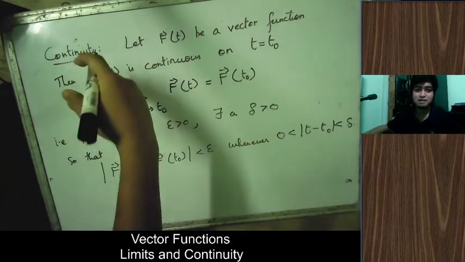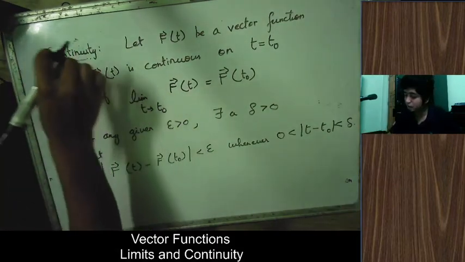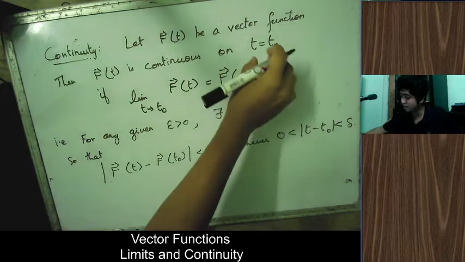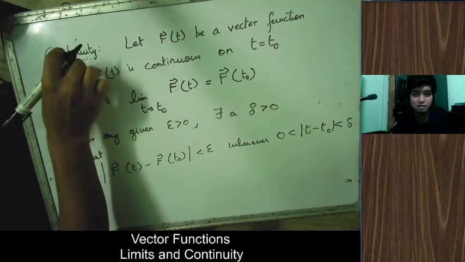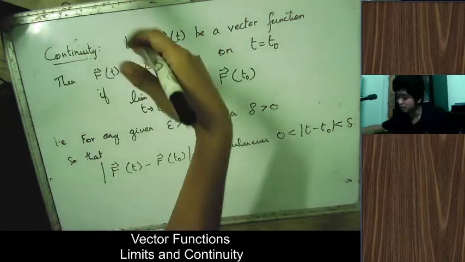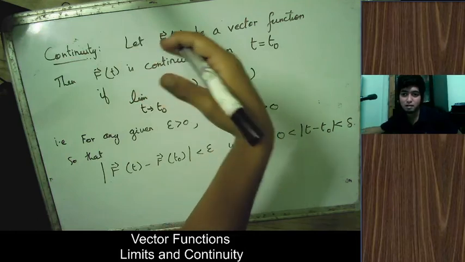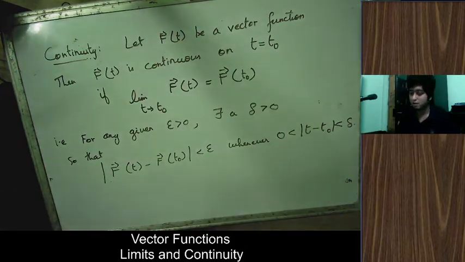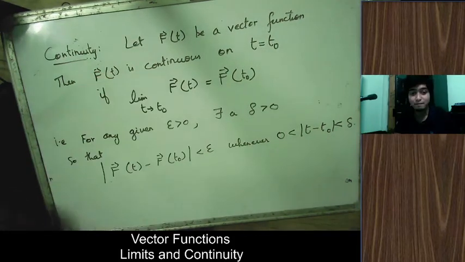So this is the continuity. And remember, if you are saying limit, you have to say at which point. Similarly, if you say continuity, you will say continuous at which point. Just keep this in mind.